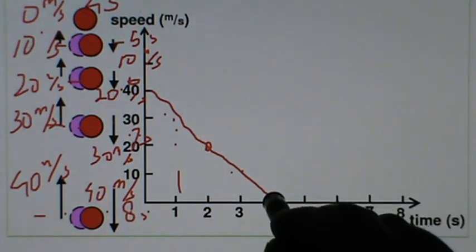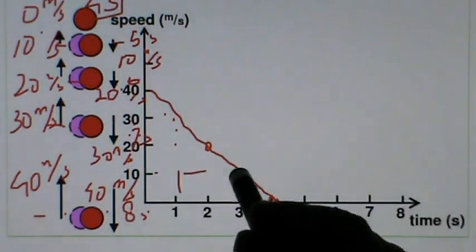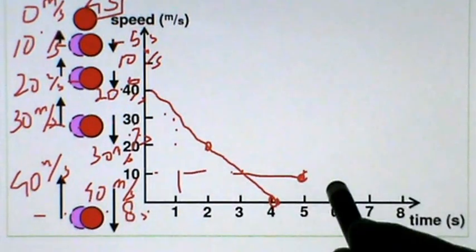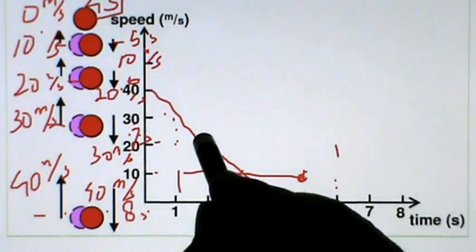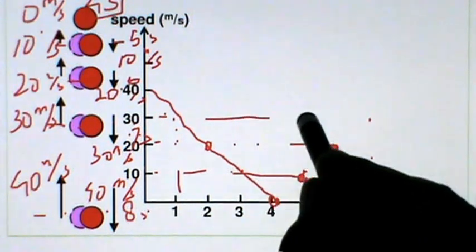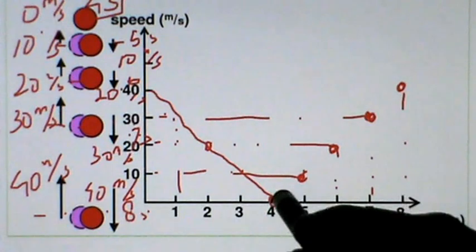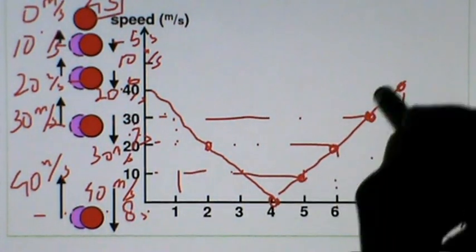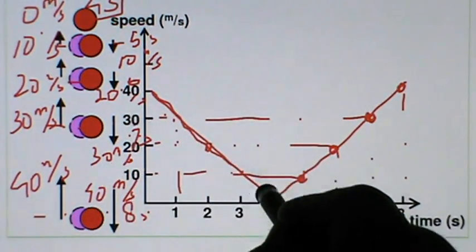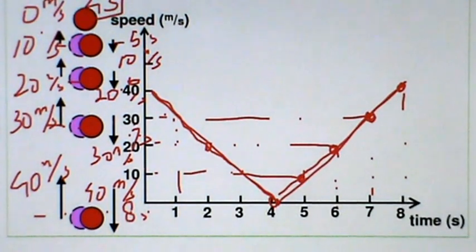Then starting from the highest point at t equals 5, the speed is 10, and then at t equals 6, the speed is 20, at t equals 7 the speed is 30, and then 40. So basically, the speed versus time graph is just a mirror graph like this.